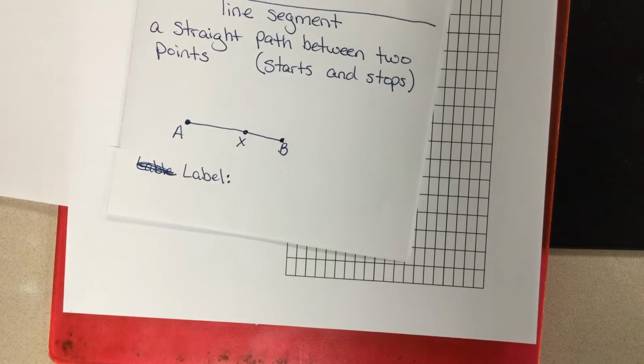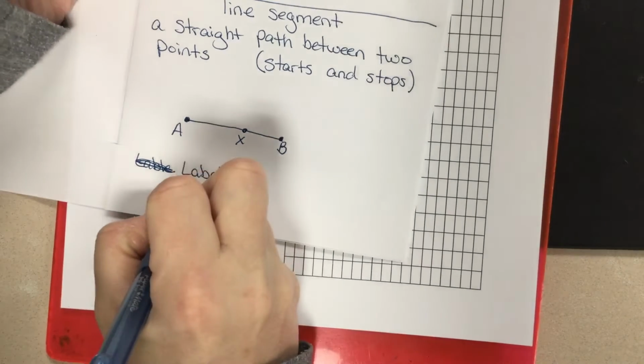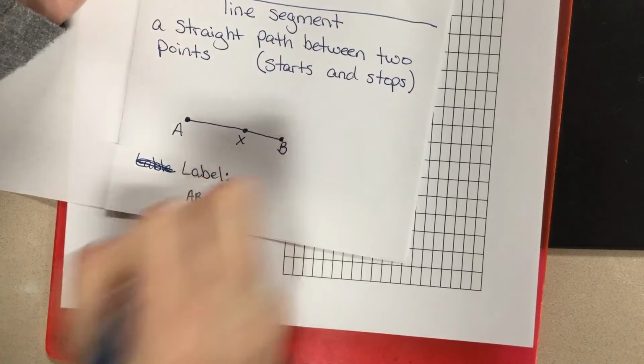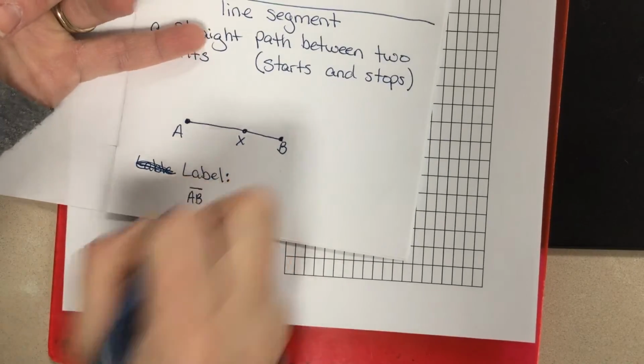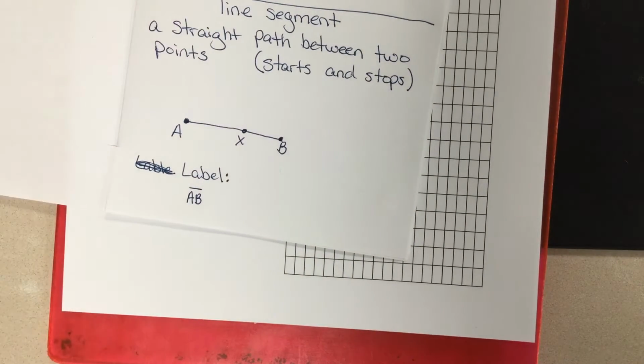So I'm talking about line segment AB. I'm going to put my 2 capital letters side by side. I'm going to write them a little bit smaller. And then I'm going to make a line segment right above it. And whenever I make my line segment right above those 2 letters, I don't have to put the dots at the end.